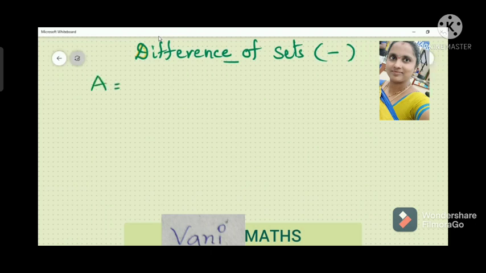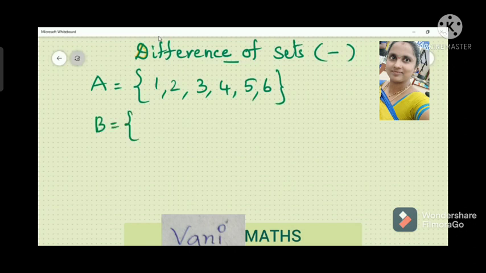Suppose A is equal to {1, 2, 3, 4, 5, 6} and B is equal to {3, 6, 9, 12}.